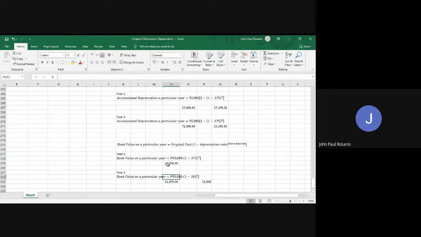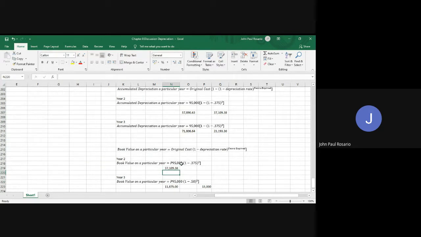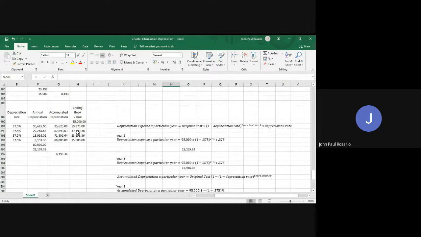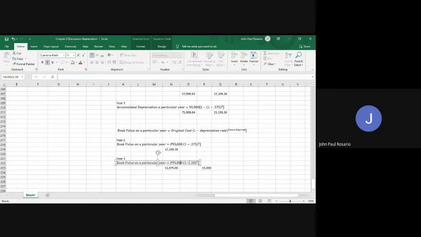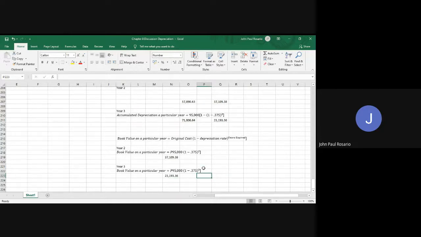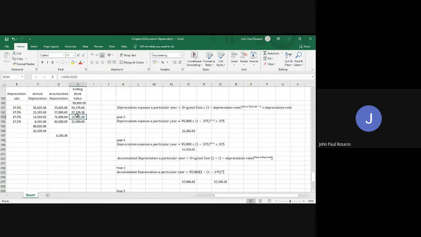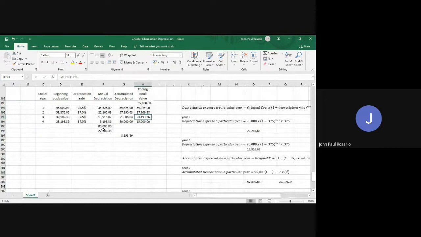When you calculate it, it's 37,109.38. And for our year 3, 37.5, then here, 37.5 as well. So that's 23,193.36, which is reflected in our table. So with that, we're done with our declining balance method.